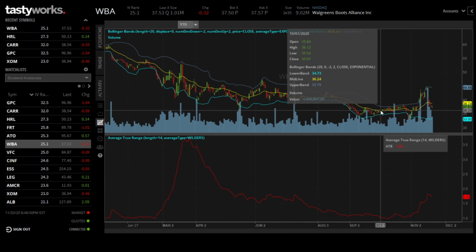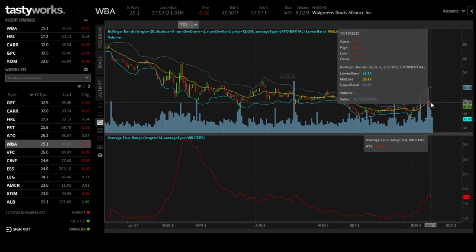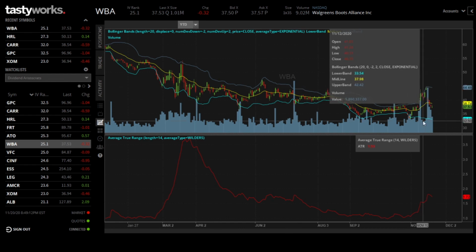I like to look at Bollinger Bands, just because for me it makes more sense than some of the other technical indicators. You have a moving average, and you can see if price is above or below it, and then the Bollinger Bands help see how volatile things are.